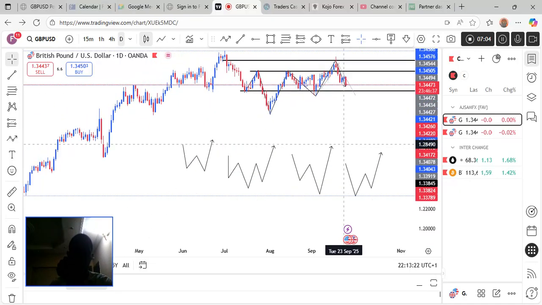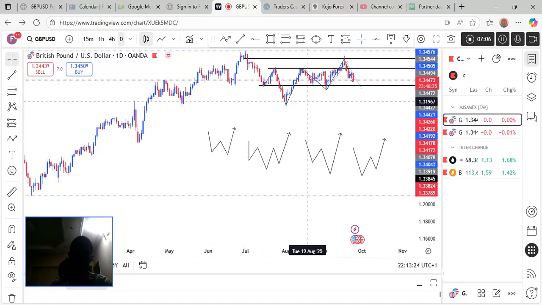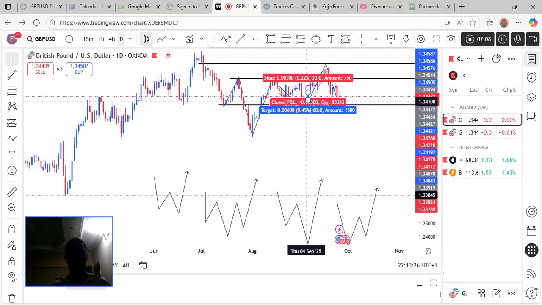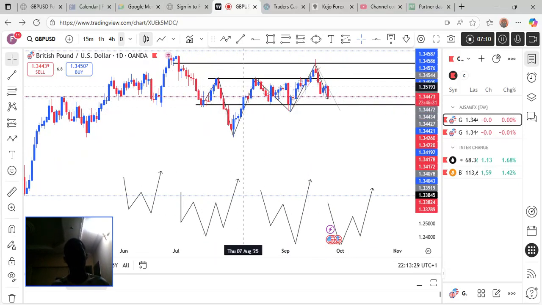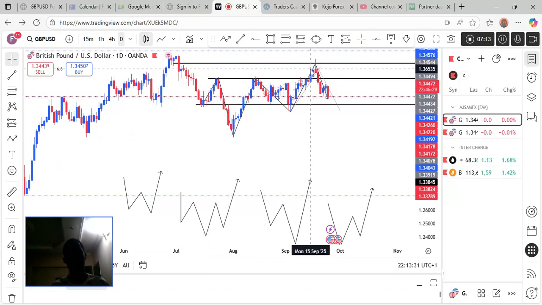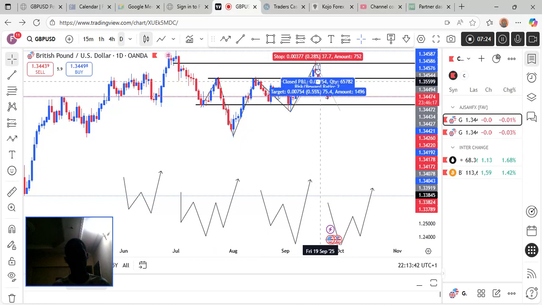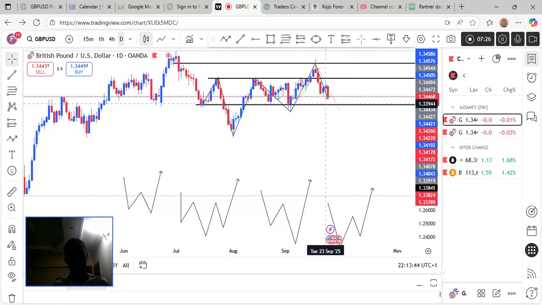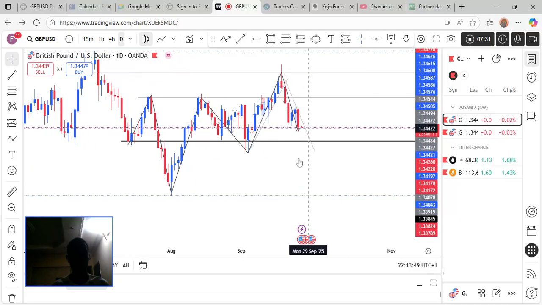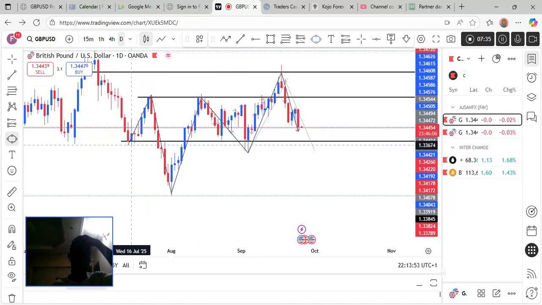Because on the higher time frame, as you can see, it is an uptrend, and this is a reversal pattern for the continuation of this uptrend. This is the previous low, and market has not broken below it. Instead, it broke above it. So I just want market to come back into this key zone, which it has retested multiple times. I want market to just come back into these zones.